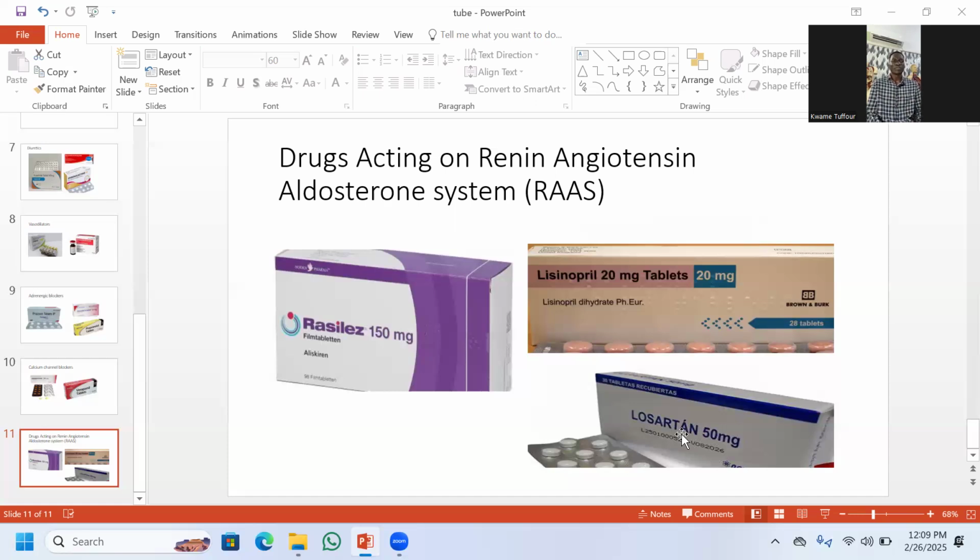I believe with just few slides, 11 slides or so, and a whole lot of pictures, it's quite okay for you to really have a very good understanding of hypertension, even without referring to the book. Going through this will save you so much stress of reading or flipping a whole lot of pages.